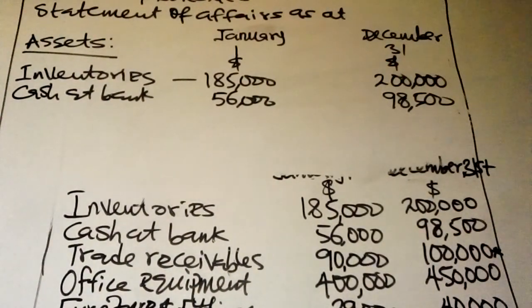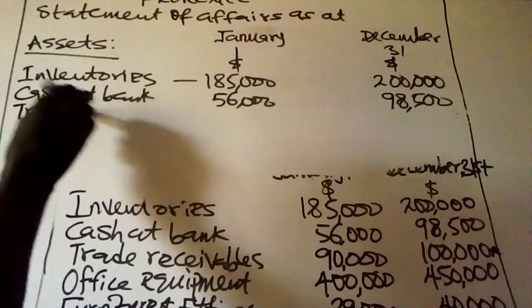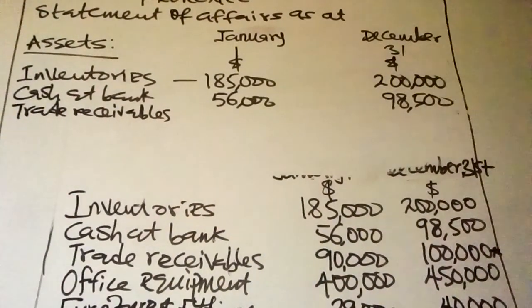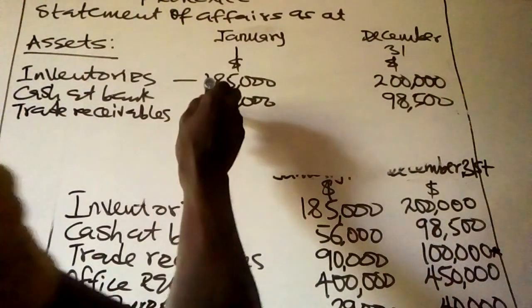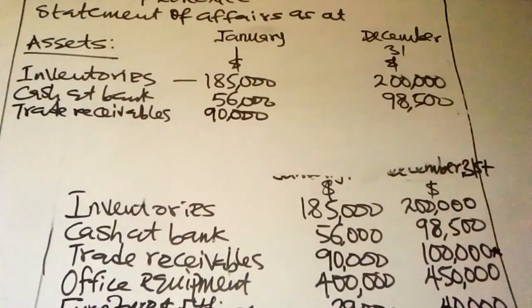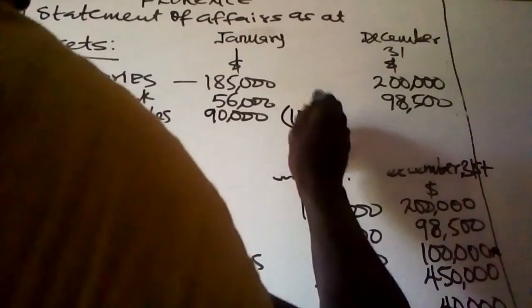So it is only the receivable that is affected by the footnote. Then we have trade receivables. The opening entry is 90,000, and the one in the closing is 100,000.